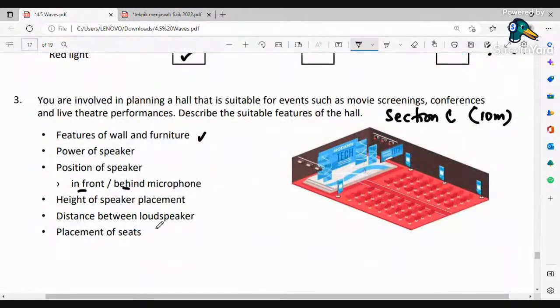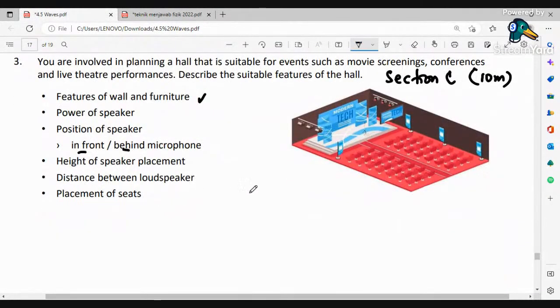Next, distance between loudspeaker. We want many students to sit at the closer antinode line. Means we can put the students or the chairs closer. We want to produce more antinode lines. More antinode lines means shorter x. How to reduce x?